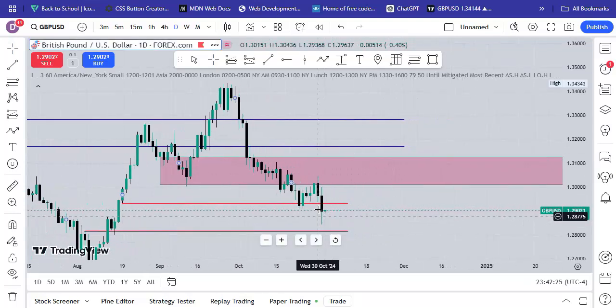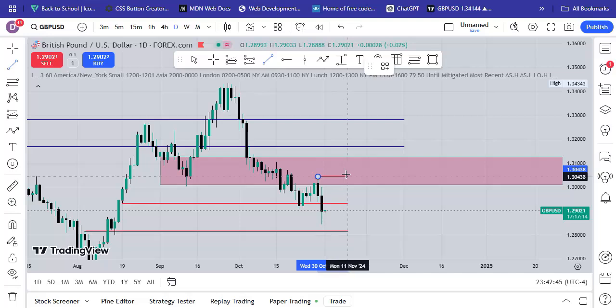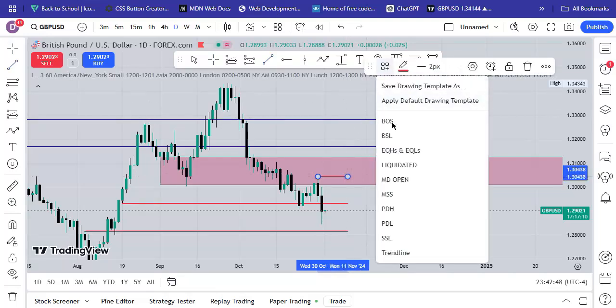So this is price going down. This could be the accumulation phase, and then we'll see a manipulation. So I want to see a manipulation first. I want to see price take out liquidity. So this could be our target.